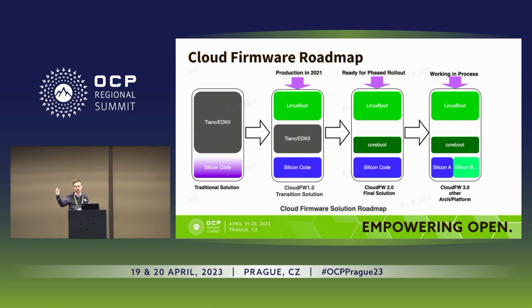They used Linuxboot on top of EDK2 and pulled in the Intel Firmware Support Package to do all the silicon initialization. That was deployed in production in 2021 and was working quite well.